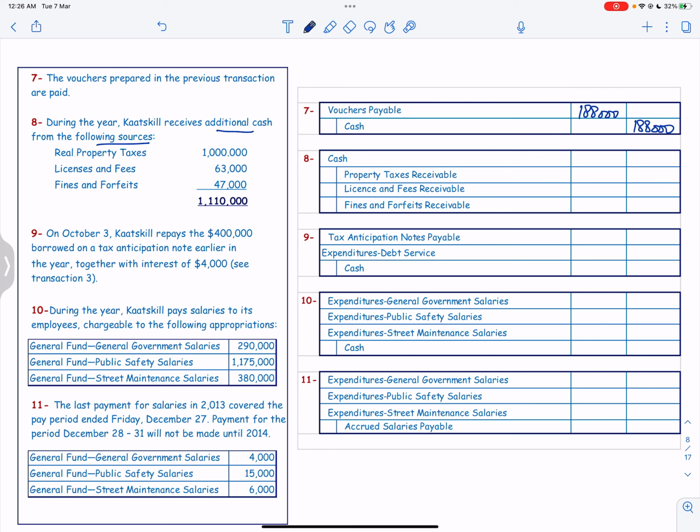So we are receiving additional money. So cash will be debit by 1,110,000, and our receivables are going to reduce by 1,063,000 and 47,000.